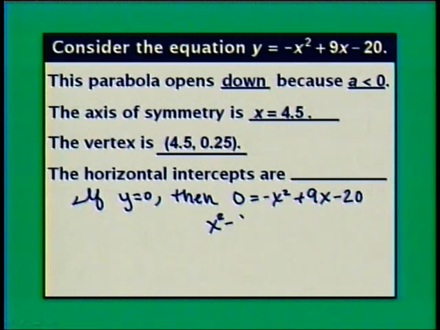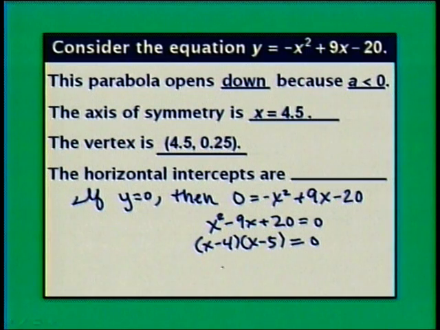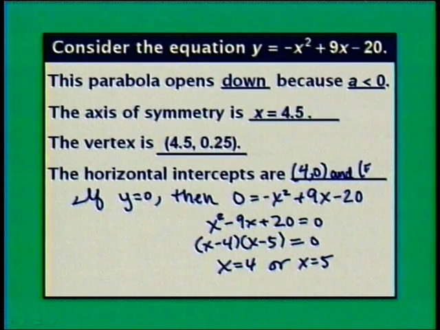Positive x squared minus 9x plus 20 equals 0. Now it's a little bit easier for me to see that this factors as x minus 4 times the quantity x minus 5 equals 0. So x is either 4 or x is 5, which tells me the horizontal intercepts are 4, 0 and 5, 0.